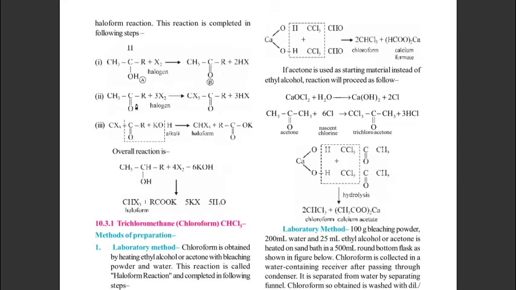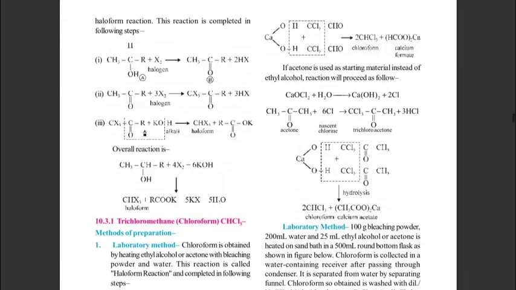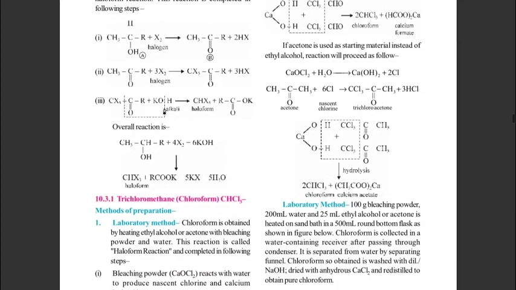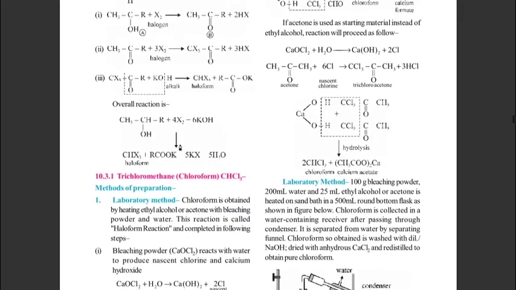Again, this product that we get in step 2 reacts with 3 molecules of halogen. Then these 3 hydrogen atoms are replaced by halogens and we get a trihalo derivative of the compound. This trihalo derivative when treated with potassium hydroxide gives a haloform, meaning chloroform or iodoform. The overall balanced equation can be written like this.